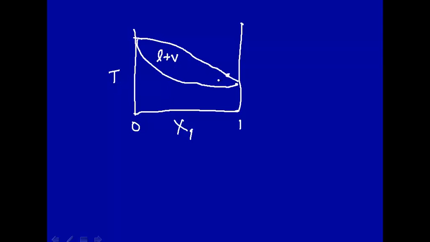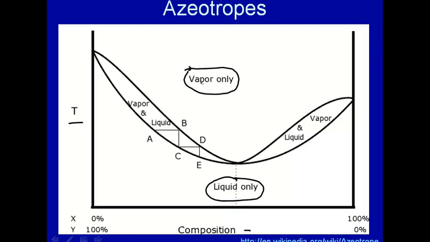That's what it looked like for, this is not characteristic of an ideal solution, but if you have an ideal solution, you would have something like this. On the other hand, if you see something like this where there's a point here where, in fact, the two lines, the dew point line and the bubble point line, come together and meet. They don't cross one another. And that right there is an azeotrope.